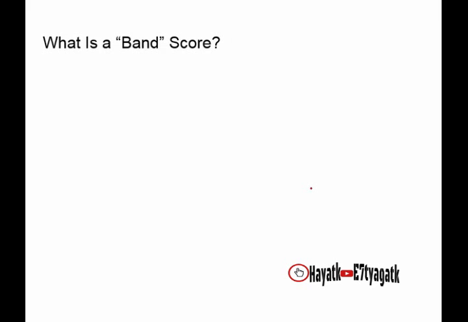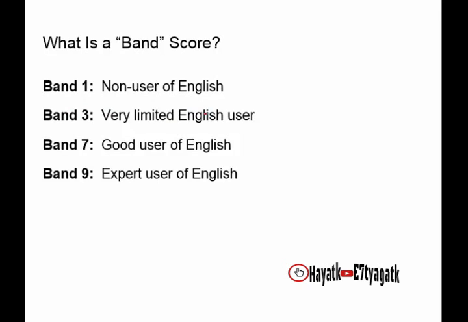All right, so what is a band score? Well, the easiest way to think about it is to look at how the IELTS defines what each band score means. Starting with band 1, a band 1 is basically a non-user of English. This person cannot really understand English, cannot speak, cannot write. This person has basically no skills in English. As you go through the bands all the way up to 9, 9 is an expert user of English.